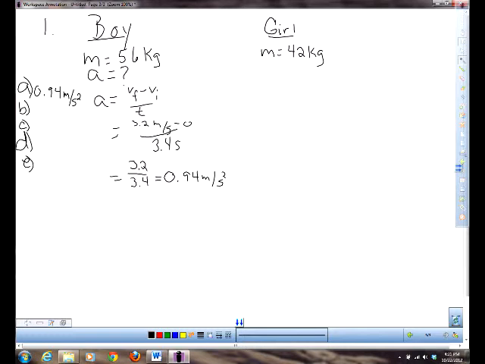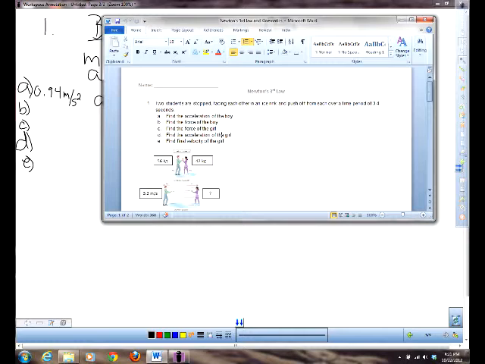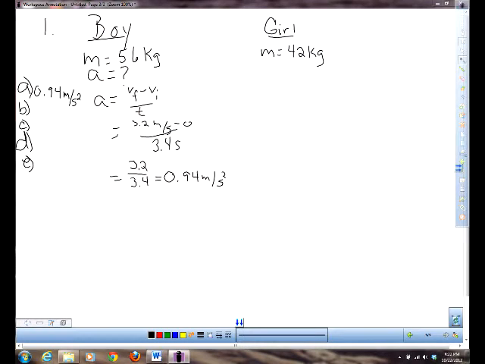If we go back here to our problem, it said find the acceleration of the boy. Now it says find the force of the boy. Okay, force is equal to mass times the acceleration. We know his mass to be 56 kilograms, and we just found his acceleration to be 0.94 meters per second squared.